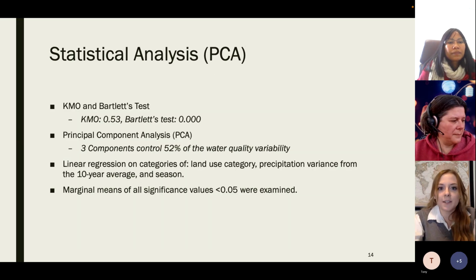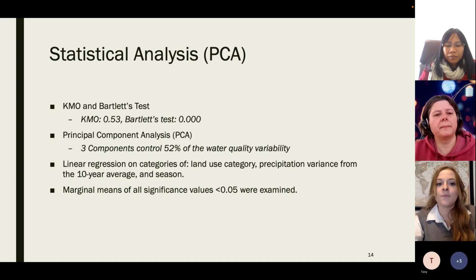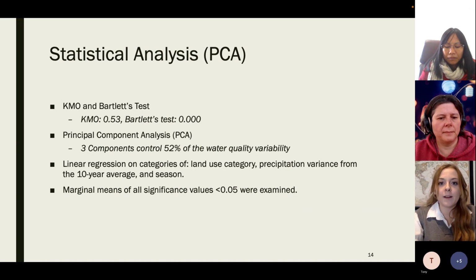When it comes to creating a statistical correlation between the land use, precipitation, and season, I wanted to do a principal component analysis. Before you can do a principal component analysis, you have to do a Kaiser-Meyer-Olkin and Bartlett's test to determine whether or not there is sample variability and whether or not that variability is significant. I obtained values that were sufficient for factor analysis.